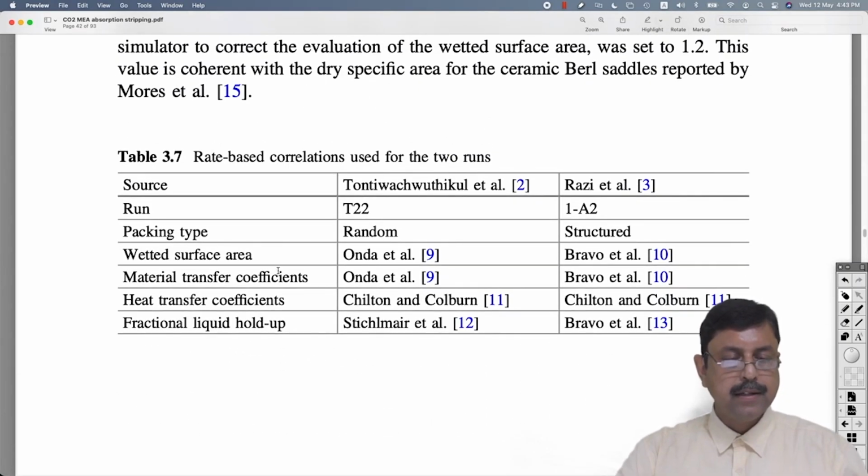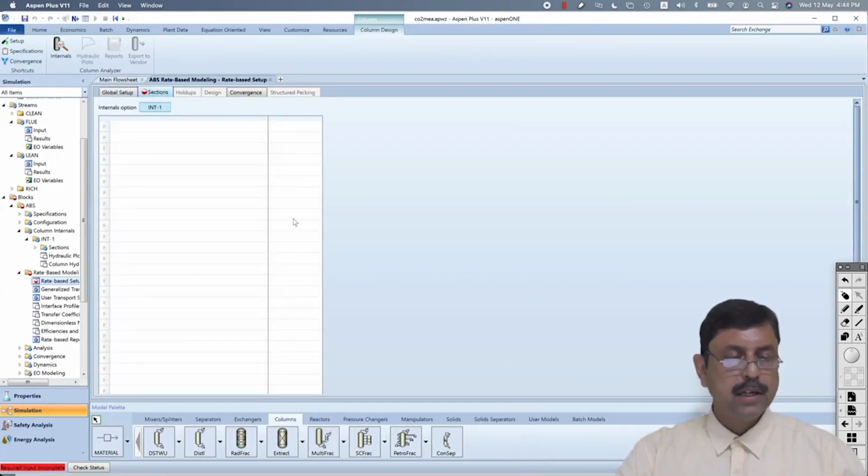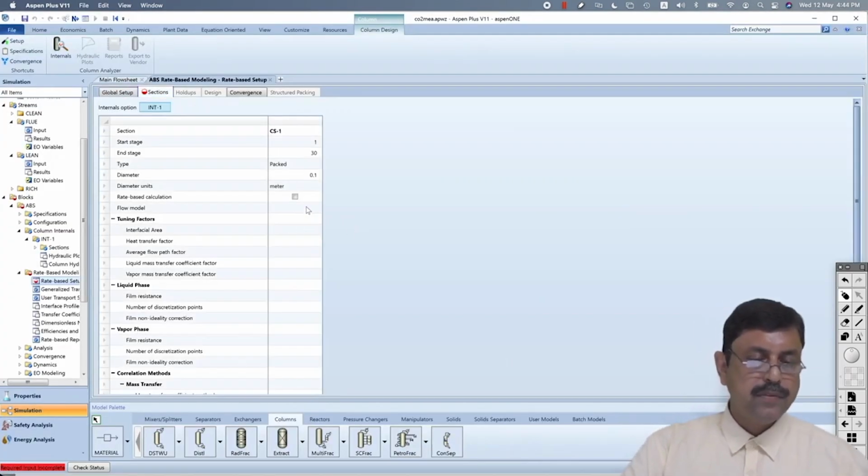They said that the mass transfer coefficient has to be calculated from this particular paper, Onda et al., and heat transfer coefficient from Chilton and Colburn analogy. Now, if you go to this section, first of all, you have to click this rate-based calculation.